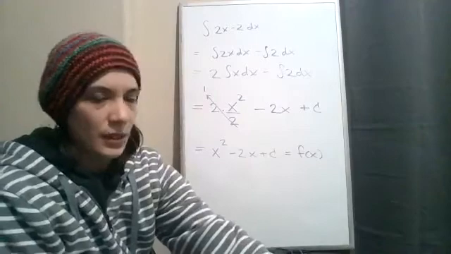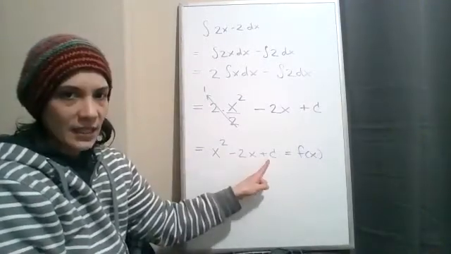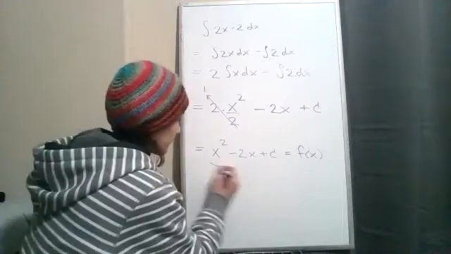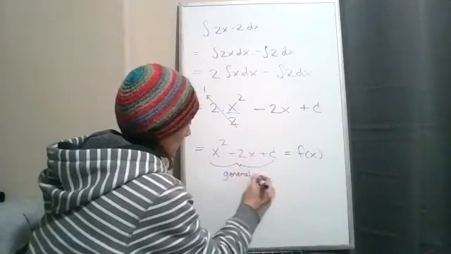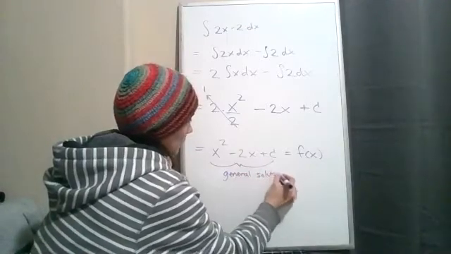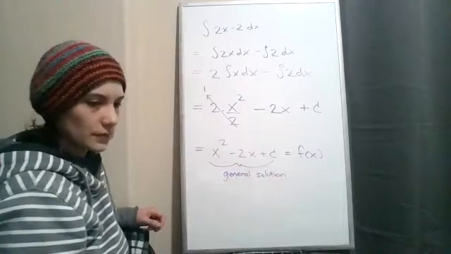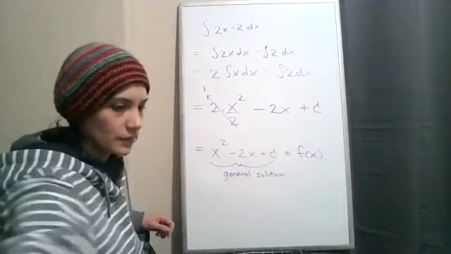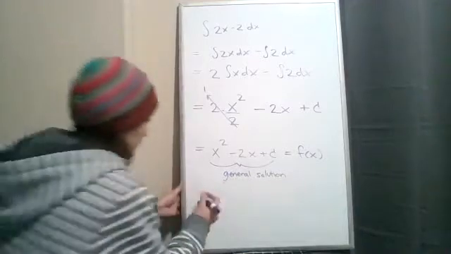All right, I have a note that this part is called the general solution when you don't know what c is yet. Okay, we're going to solve for c.